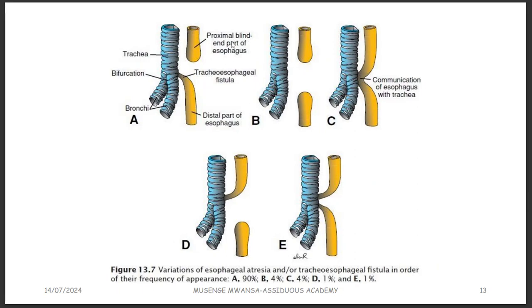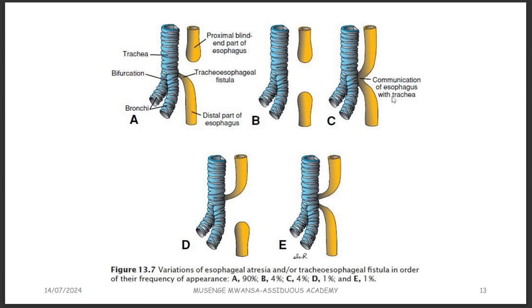You can see again here the proximal blind end part of the esophagus. So initially the proximal part is blind, like it ends. And then you have got the distal part also that is connected to the trachea by the tracheoesophageal fistula. It will then divide and then communication is going to happen.